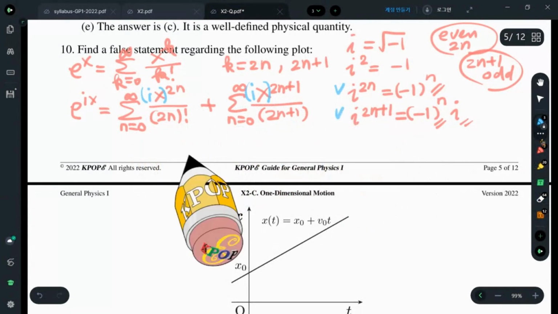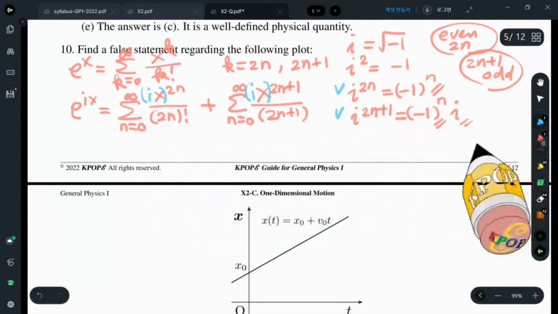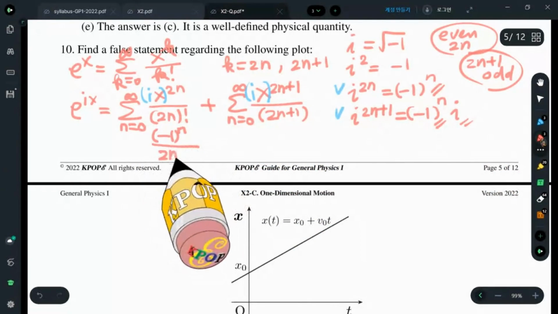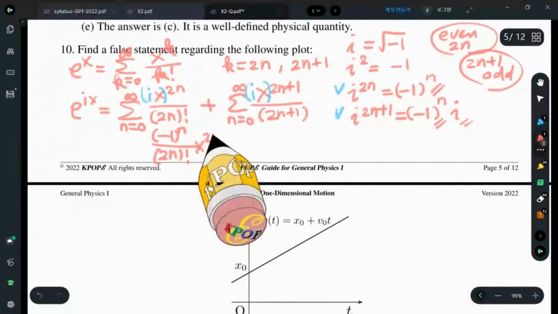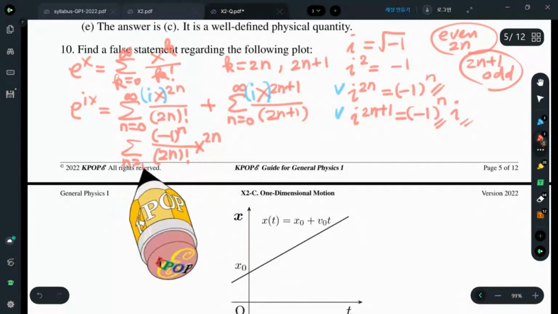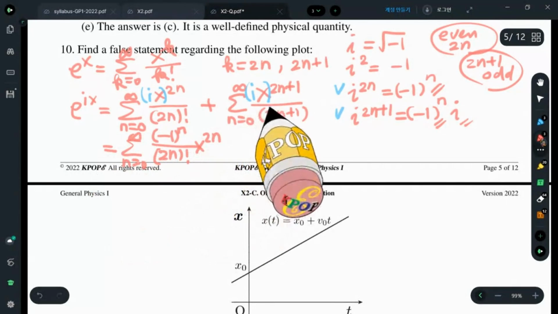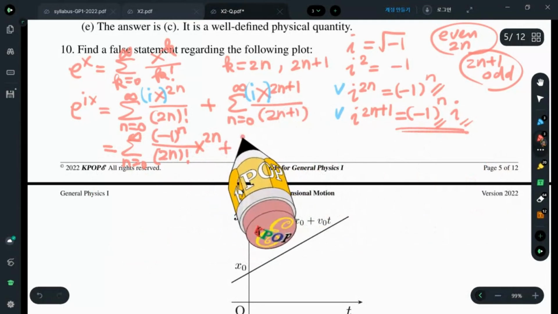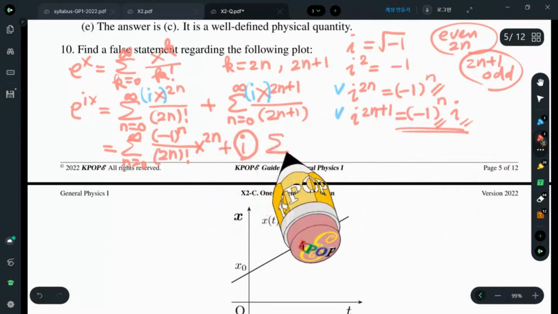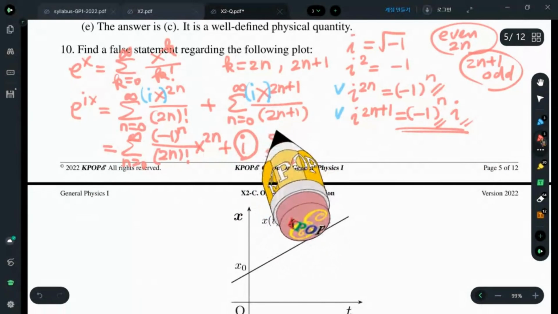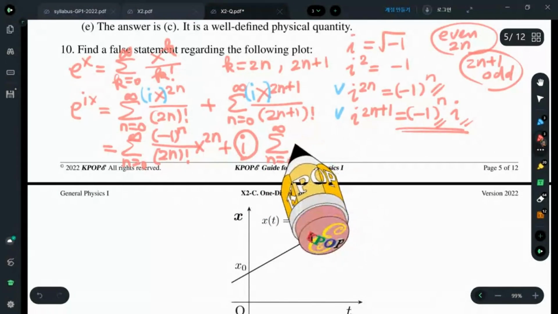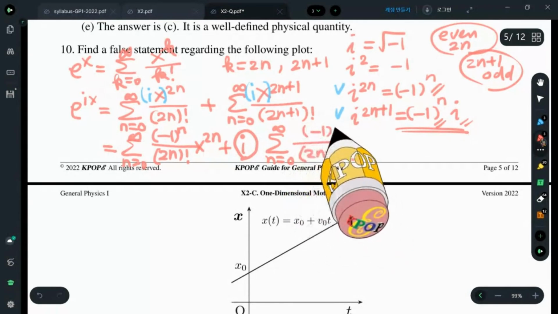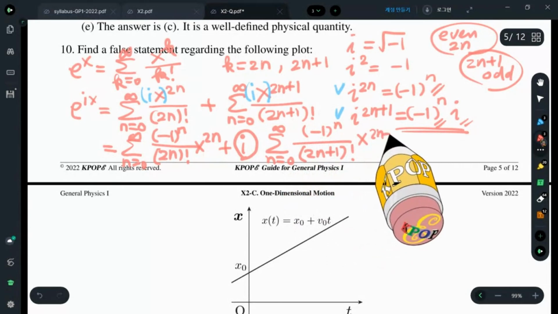We make use of this one. This one is minus 1 to the nth power, and we have 2n factorial, x to the 2n, summed from 0 to infinity. And this one, copy this one, as I bring the i in front of the summation, 0 to infinity, we have 2n plus 1 factorial, minus 1 to the n, and x to the 2n plus 1.